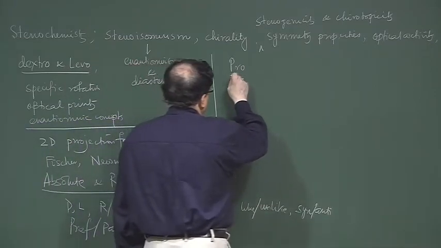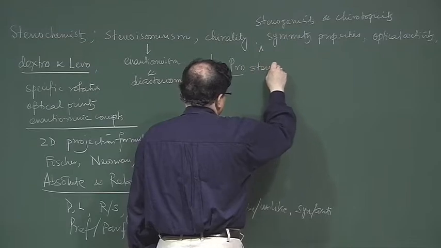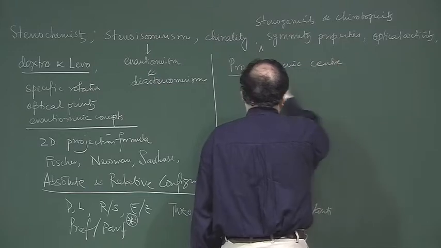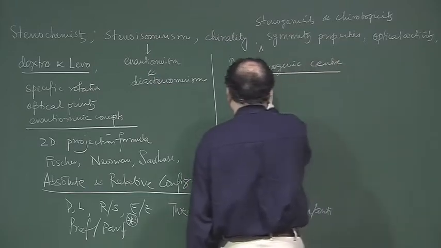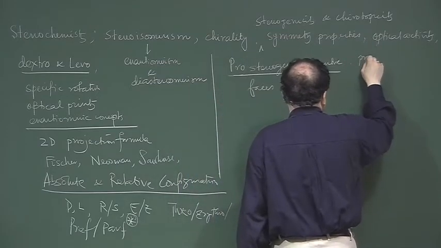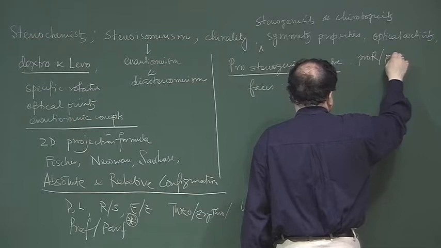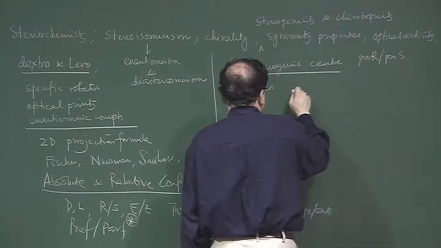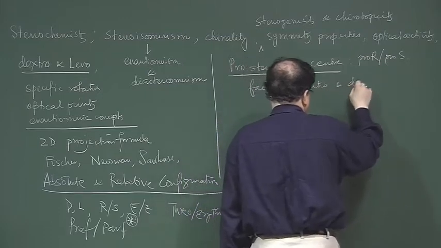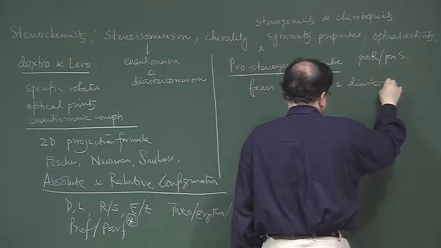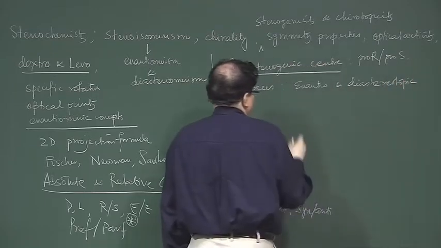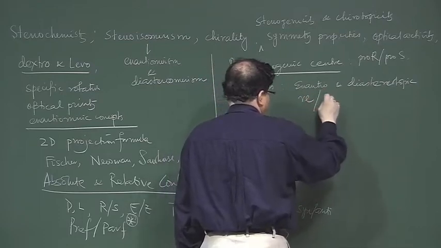Then we went for pro-stereogenic center, and then we have assigned faces. So, here we have done pro-R, pro-S, and here we have done enantiotopic and diastereotopic faces, and then accordingly we have given the names Re, Si.